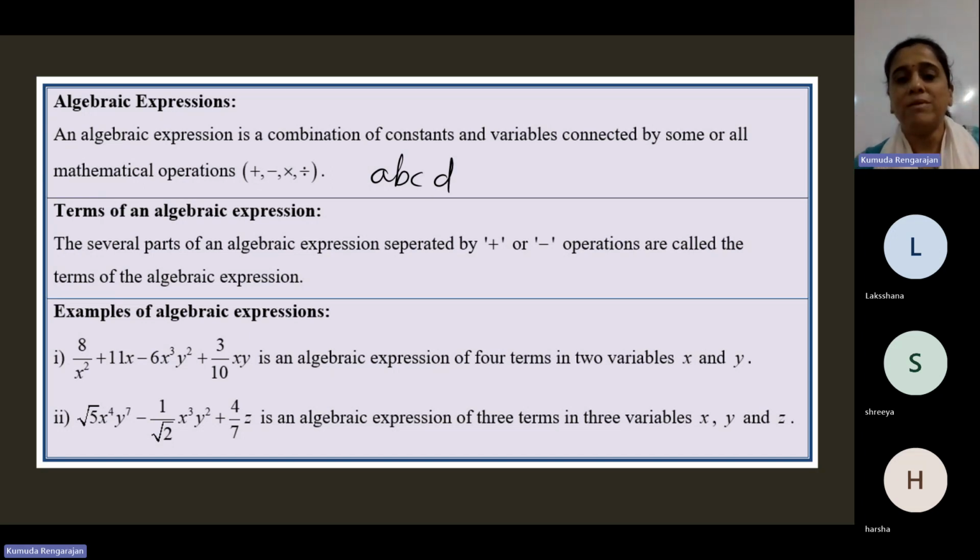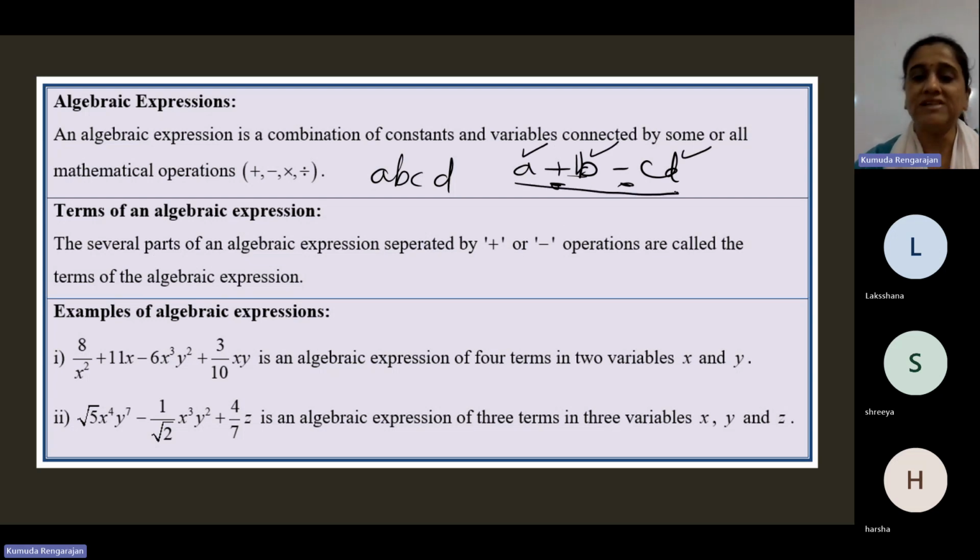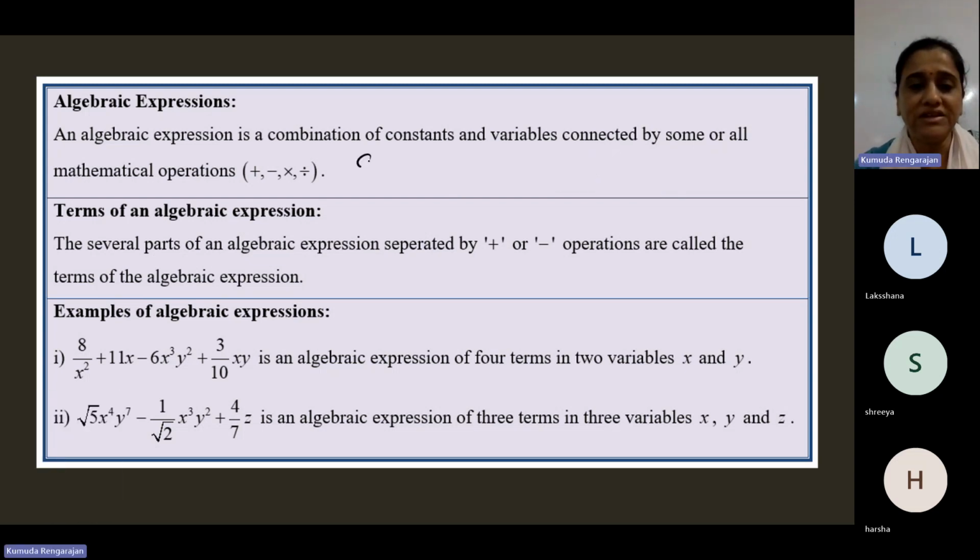But if I write A plus B minus CD, how many separators do we have? See, this one is a separator, this one is a separator. So this is one term, this is another term, this is another term. So this algebraic expression has 3 terms. ABCD is one term.